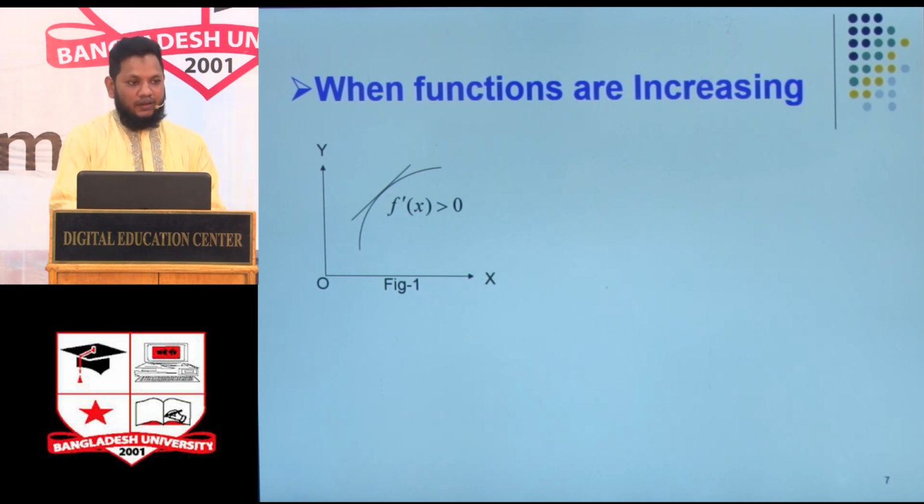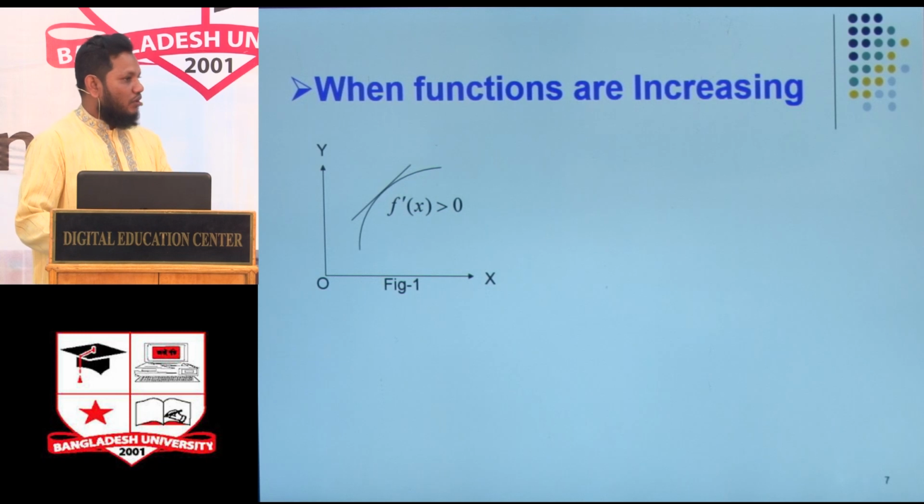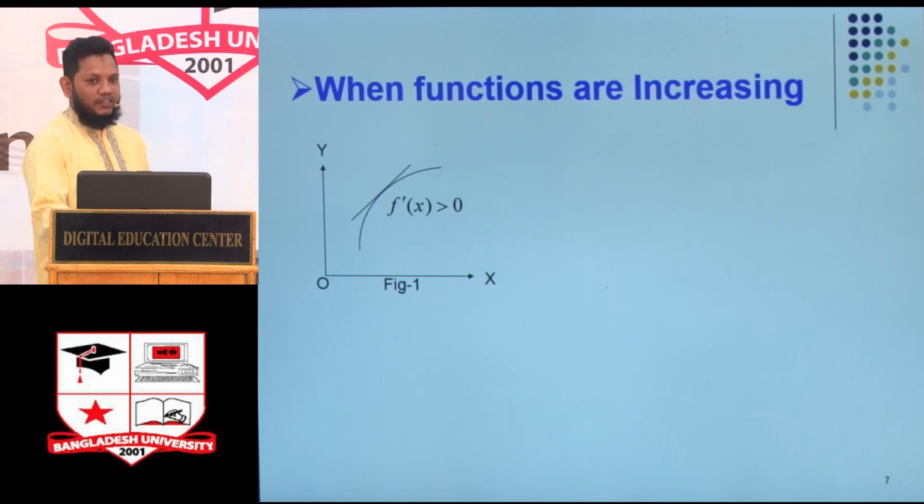When the angle between the x-axis and the tangent is between 0 and 90 degrees, tan theta will always be positive. So we can say the slope of this function is always positive at any point, and this function is known as an increasing function.